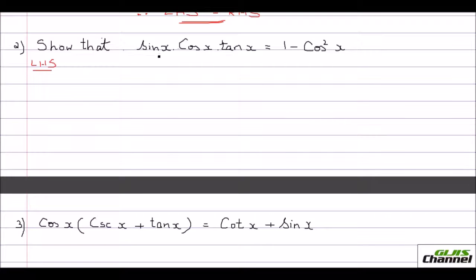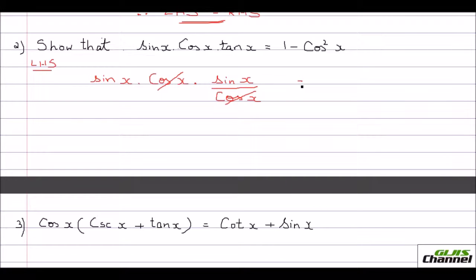So here it is sine x times cos x. I'm not doing anything to these two, but the tan x I'm going to write in terms of sine and cos. So that's sine x divided by the cos x. So what happens here? Your cos gets cancelled with the cos at the denominator.